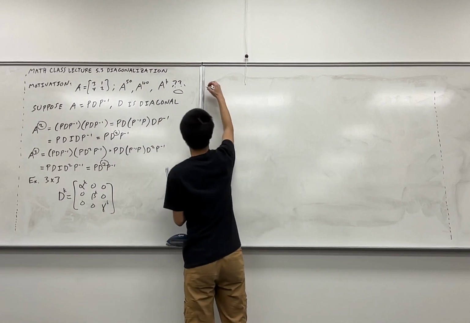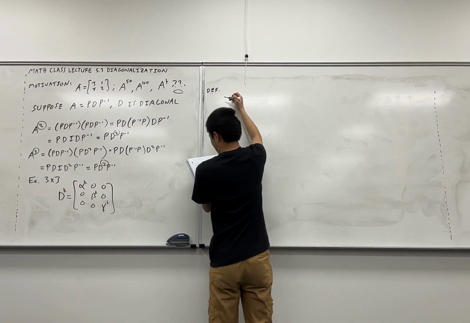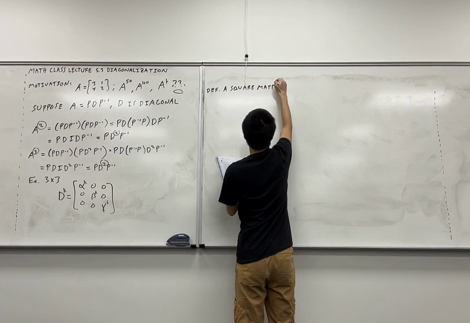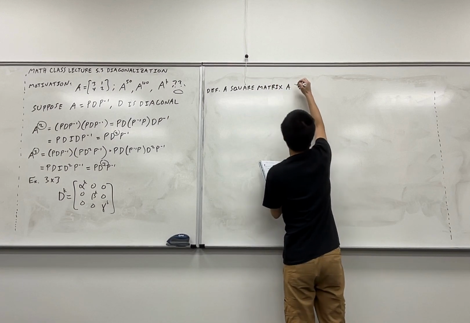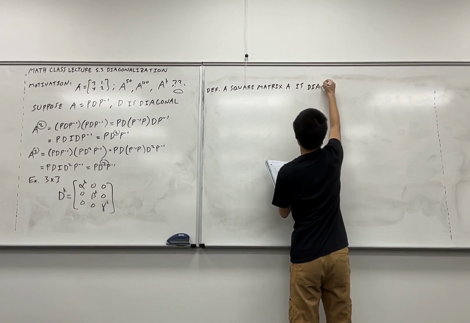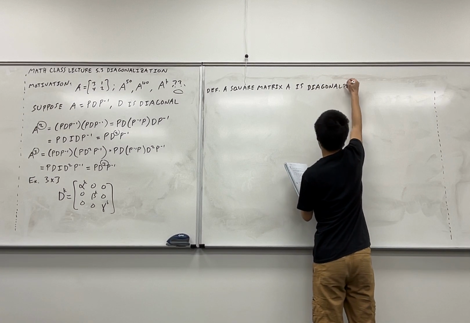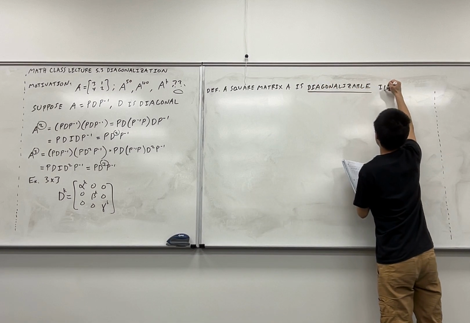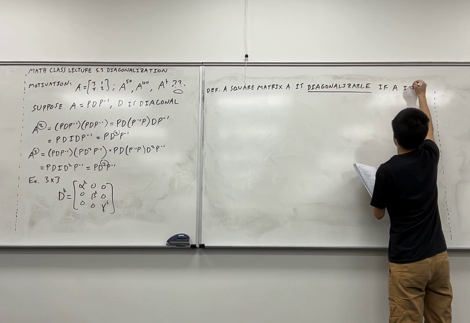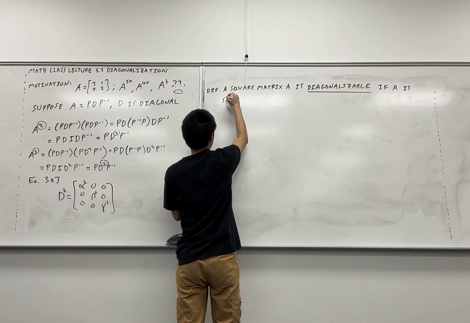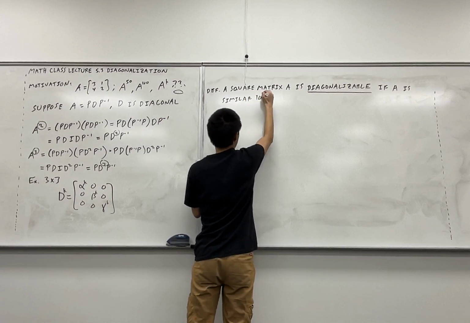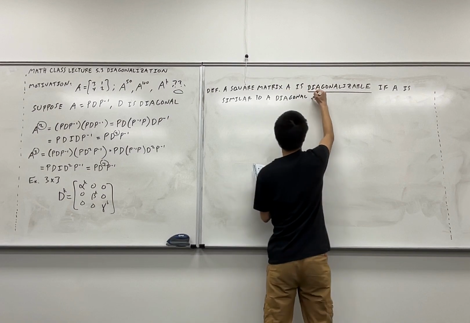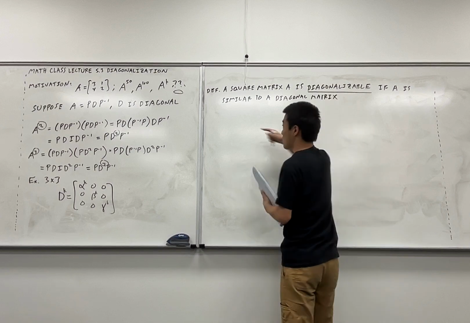Okay, let's do a definition. A square matrix A is, this is the most horrendous word I have ever known, diagonalizable if A is similar to a diagonal matrix. I mean, basically, this is just putting into words exactly what we just looked at.